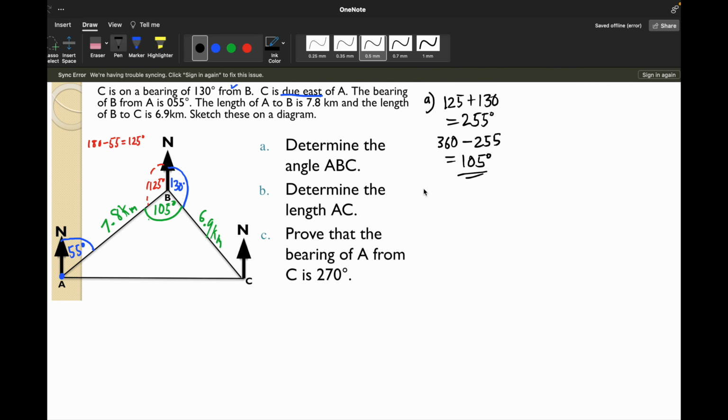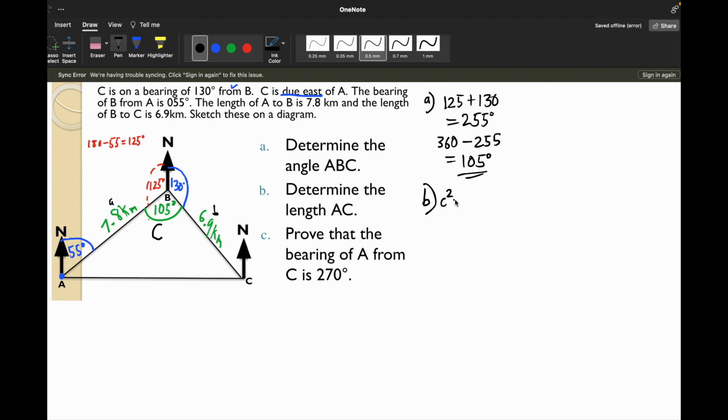Okay, now for B. So B, we have two lengths and an included angle, and we could also figure out what this angle is just because we know this is 90. But using cosine rule, I would say that we have two lengths and an included angle. So this is capital C here, and this here is AB as we so desire.